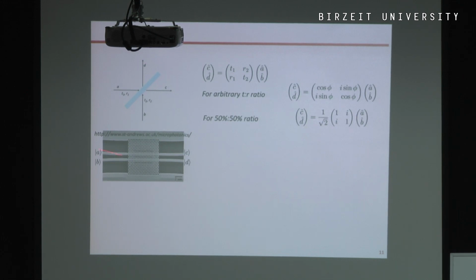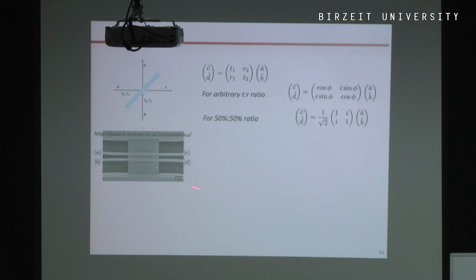This scale bar is 2 microns. You can see the inputs to your beam splitter are these 2 waveguides. They are about 1 micron wide, and they go through small membranes with holes etched into them. And the holes are etched in a very precise way that normally would be modeled numerically to assure that the transmission of a photon from this arm A into arm C or D is as you want it.